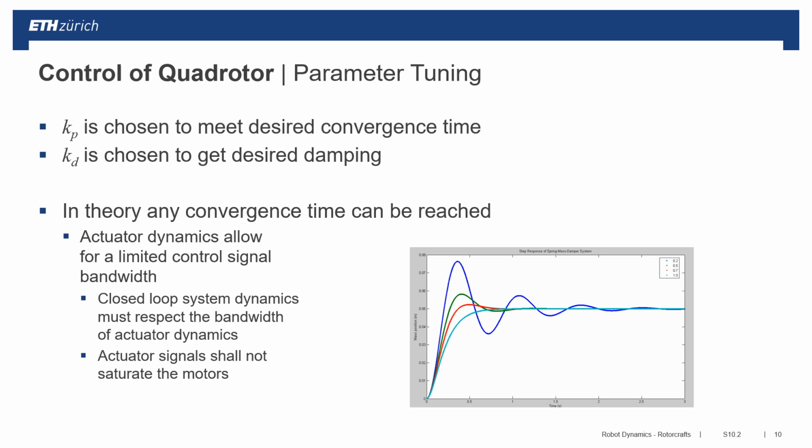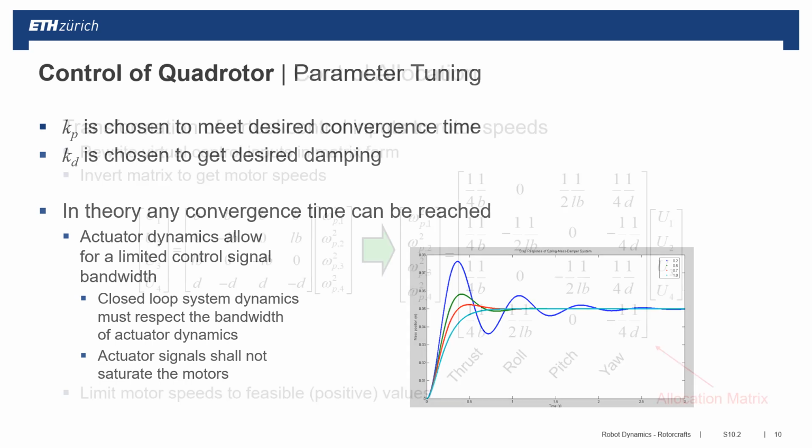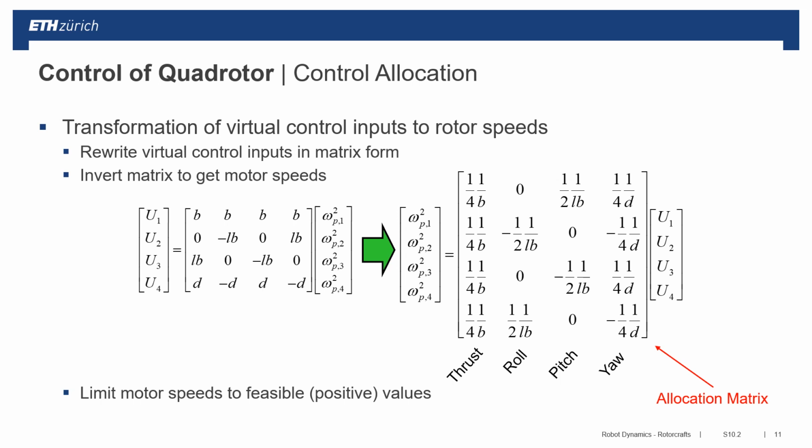However, in reality, it's a little bit different because you have limited actuator dynamics, so the motor to generate a rotational speed. So you have to consider this in your tuning, and you have to be sure that your actuator signal is not putting the motor in saturation.